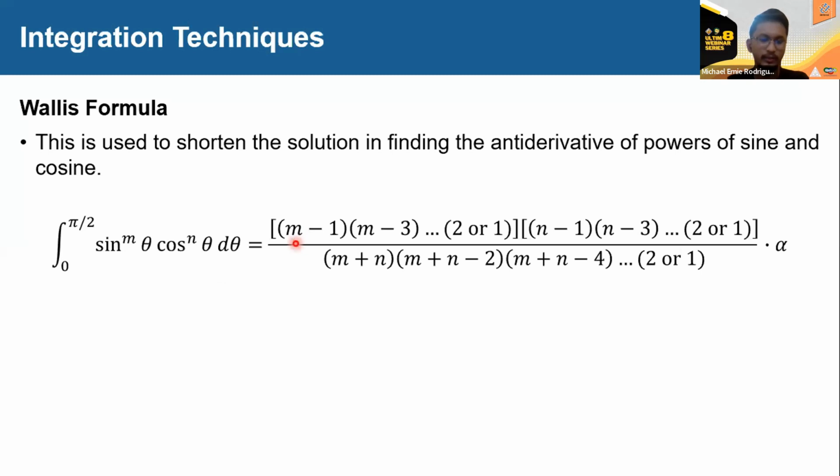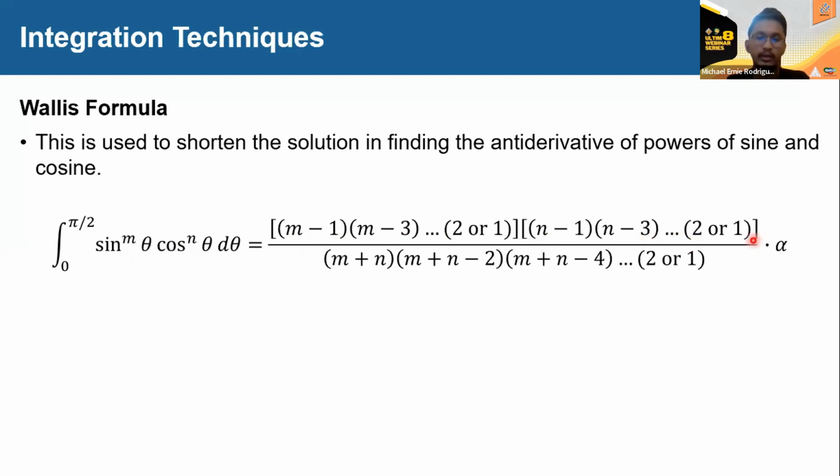Okay? So we have yung value ng m, yung power ng sine, and then yung n, yung power ng cosine. So we have, okay, m minus 1 times m minus 3 and so on until this will become 2 or 1. Okay? And then we multiply it, doon naman sa n minus 1 times n minus 3, and so on until the value will be 2 or 1.